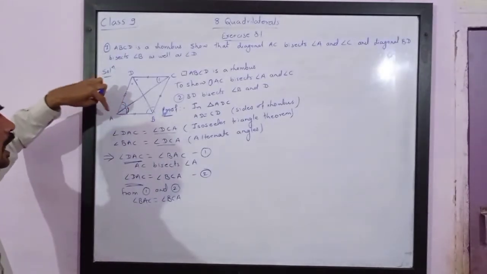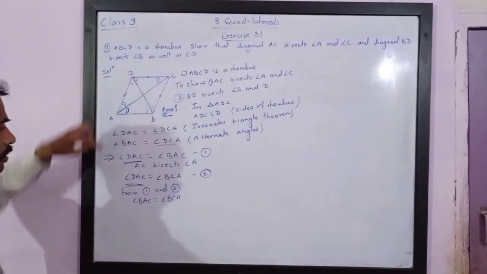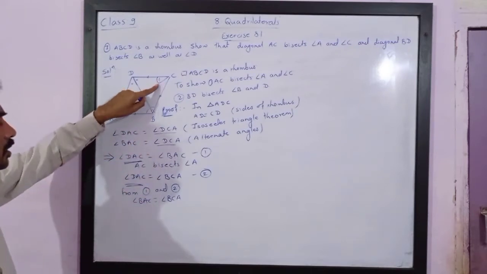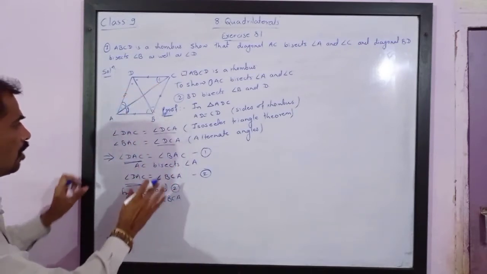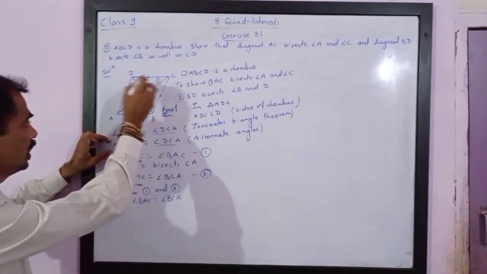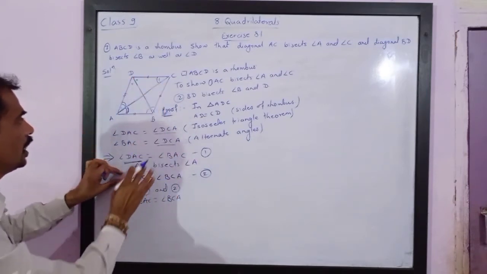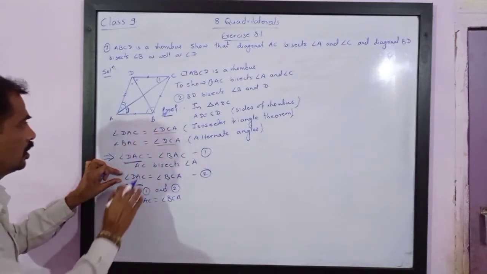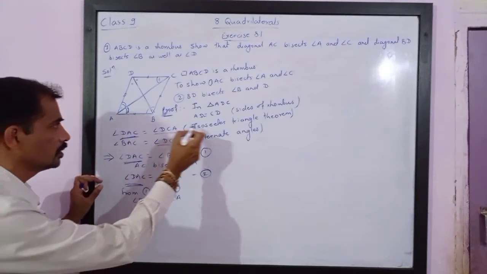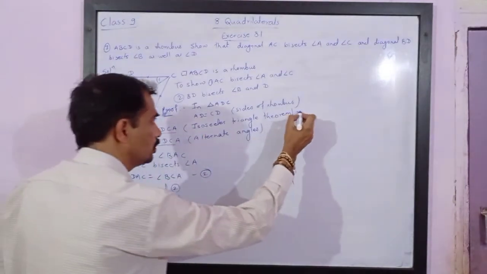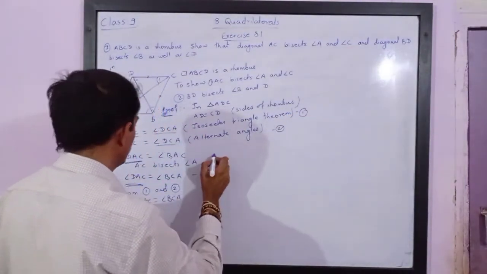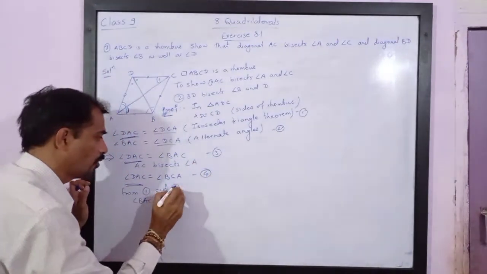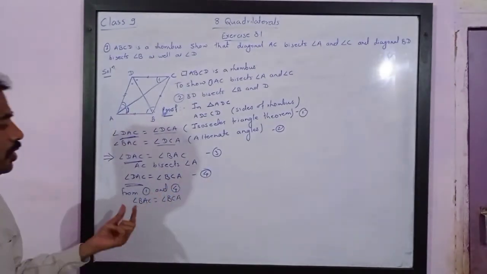Sorry, I want DAC equals DCA. I will give these equation numbers 1, 2, 3 and 4. So from 1 and 4, now watch carefully, I have confused it.